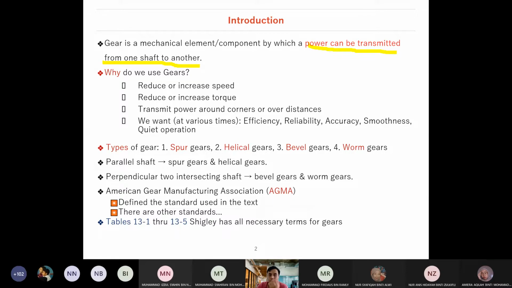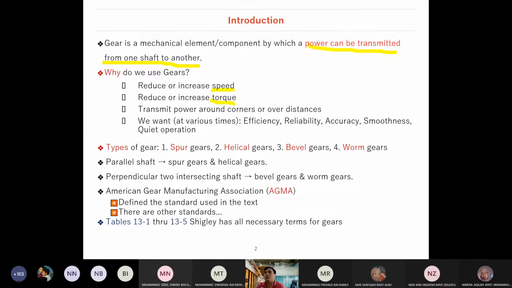When we talk about power and gears, we talk about two things. First, the speed, which is how fast it rotates, and the second is the torque. Torque and speed are the basic things, so we can reduce or increase the speed or the torque.